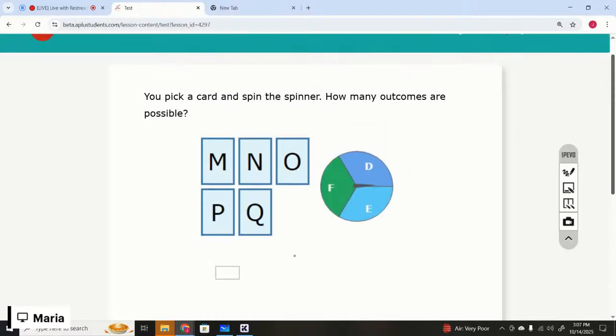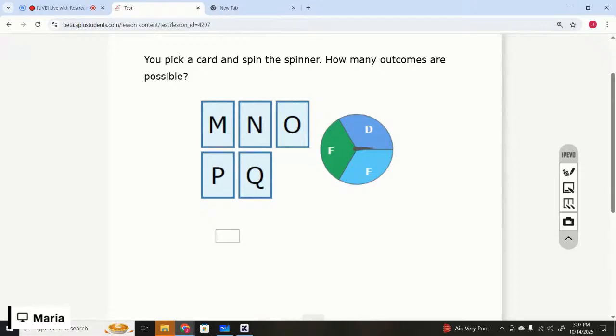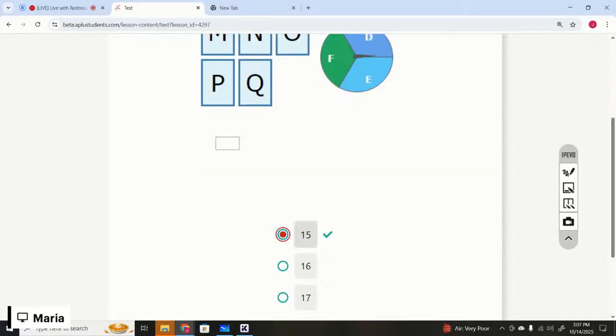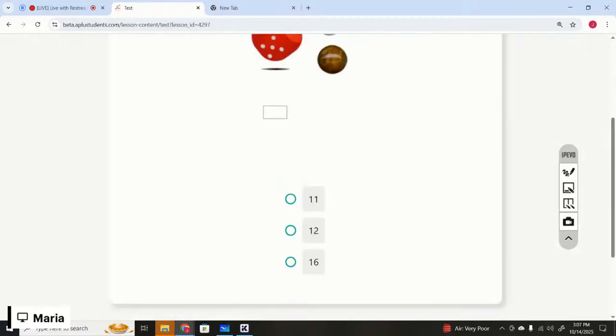How many outcomes? You pick a card and spin the spinner. How many outcomes are possible? So, which is the correct option? That is 5 times 3 is 15. Option number 1 is the correct option.